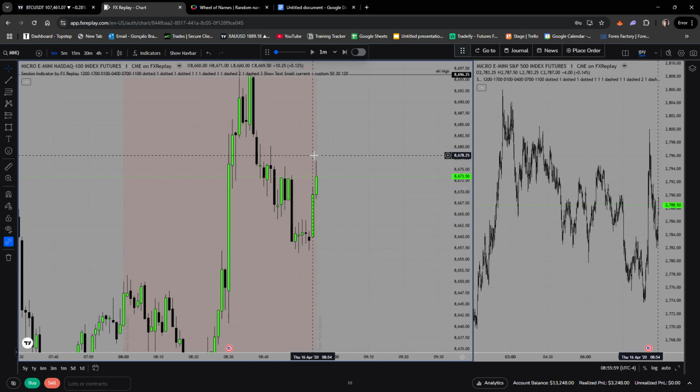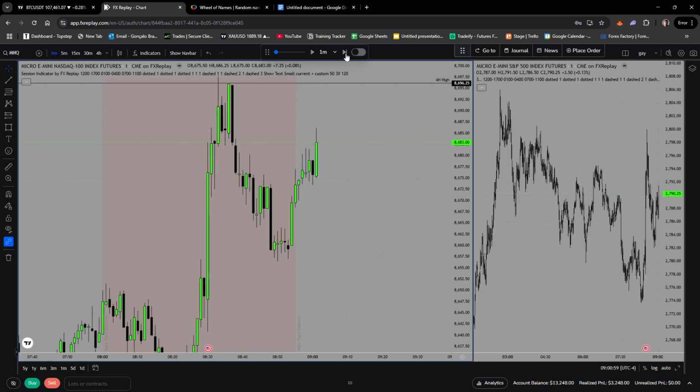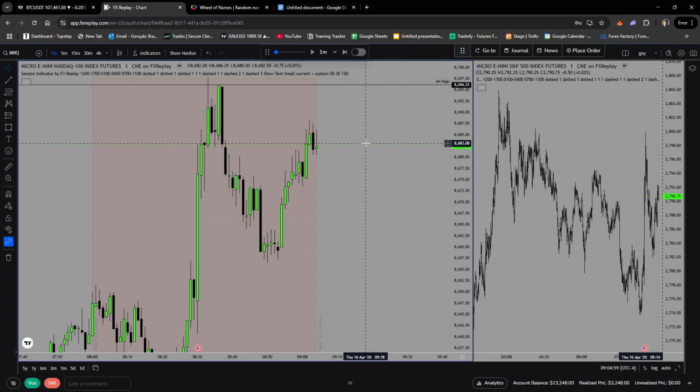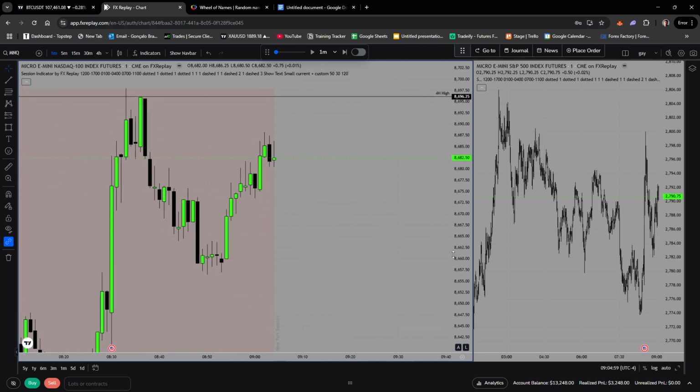So small win, and then price came all the way back to the upside. Let's see what it wants to do here. So it's a bit choppy to me. I might take a buy. Time is it? 9:04.